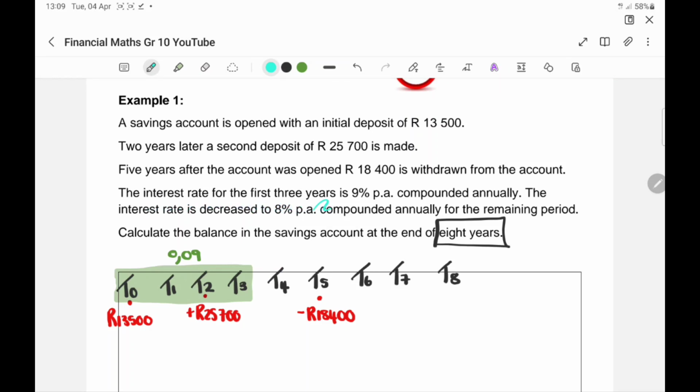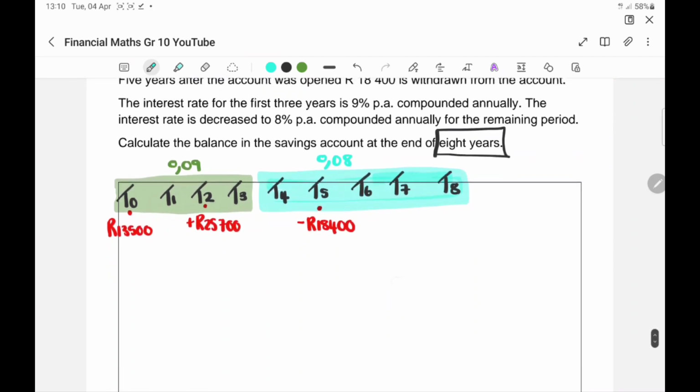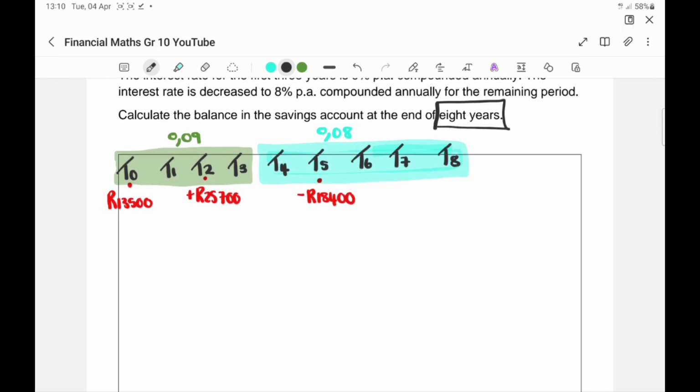The interest rate is then decreased to 8% compounded annually for the remaining period. So for the remaining period, let me just do it in another color. And I always break it up like this, is 0.08. Okay, so that is your timeline to help you, guide you to your answer.